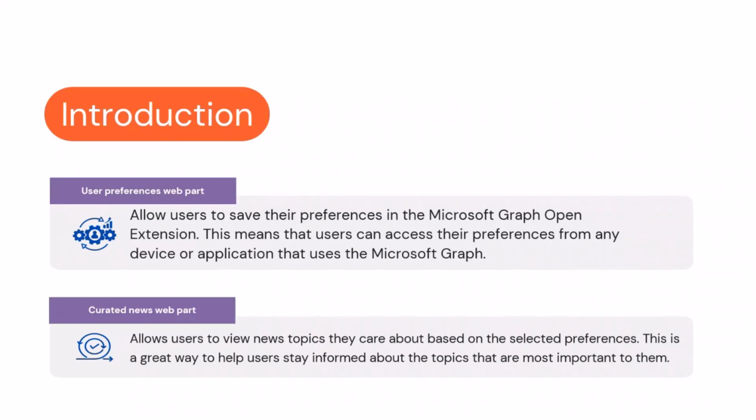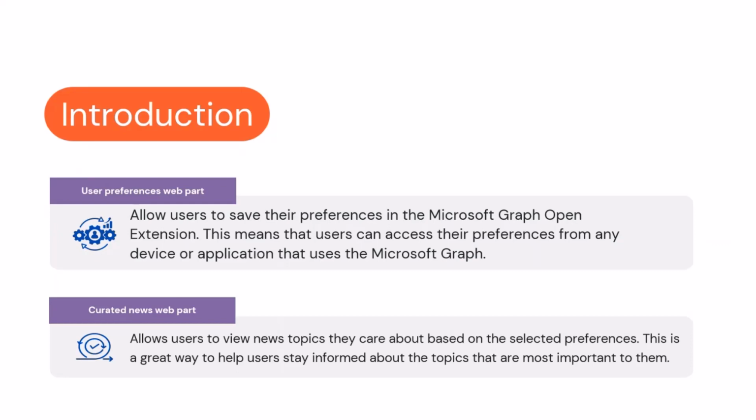There are a couple of ways to do that. Previously, from my experience, we were making use of the user profiles and storing the user preference in there. But this is an alternative to the user profile, where you can make use of Microsoft Graph extensions, specifically the Microsoft Graph Open extension.